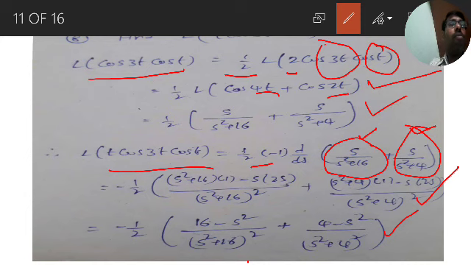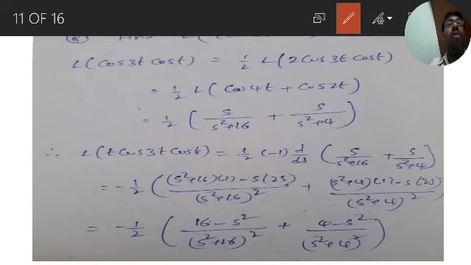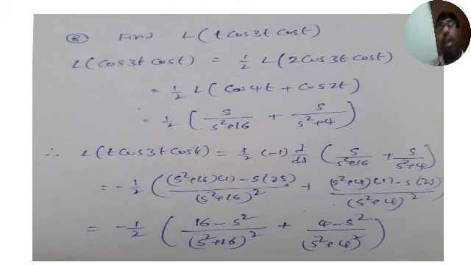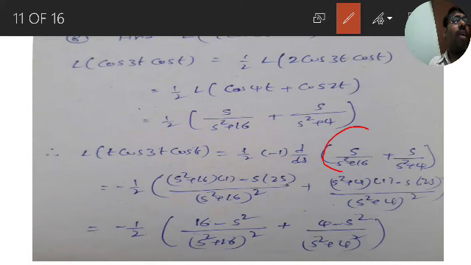So this is the problem we covered. How many problems have we covered? The 8th problem, and if time permits, let us go to the next problem also. Yes, two times we are applying the quotient rule: for this we apply the quotient rule, and for this also.